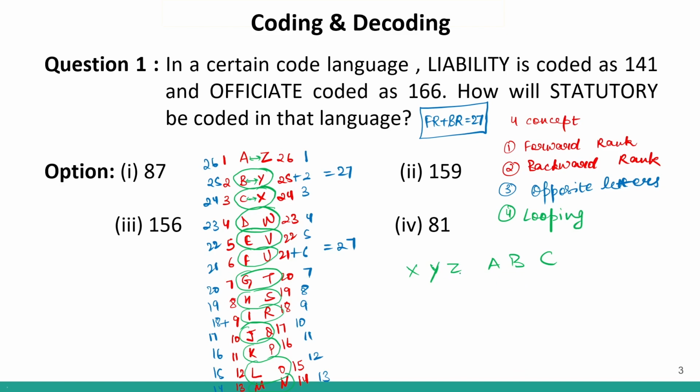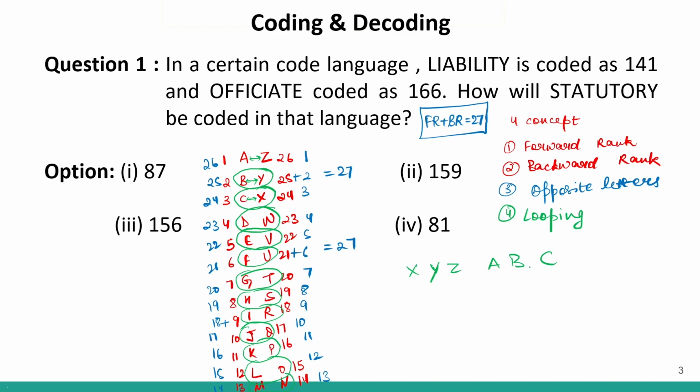After Z, we do not have any alphabet, correct? So I start back again from A. If I have to move 3 positions forward from Z, I will go 1, 2, 3 to C. This is called looping. Basically, we are working in a loop, correct? So 3 positions forward from Z will give me A, B, C.